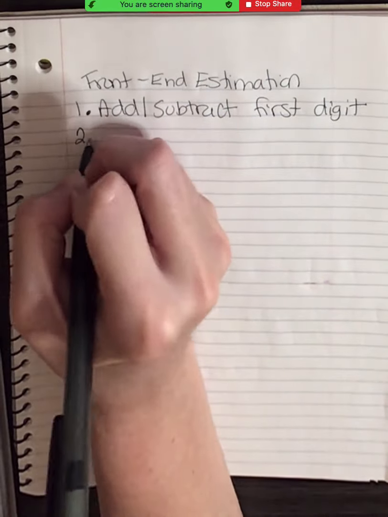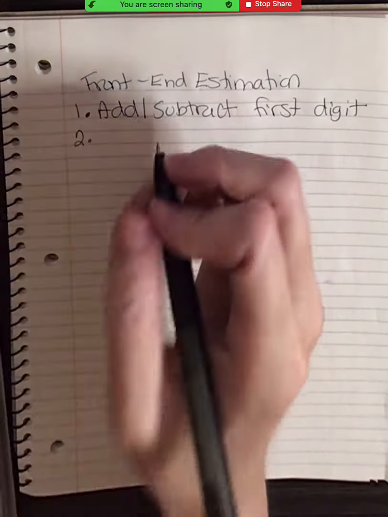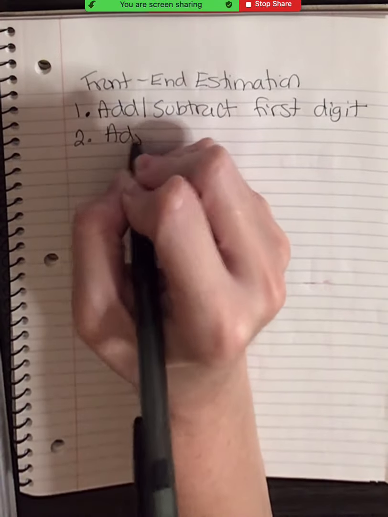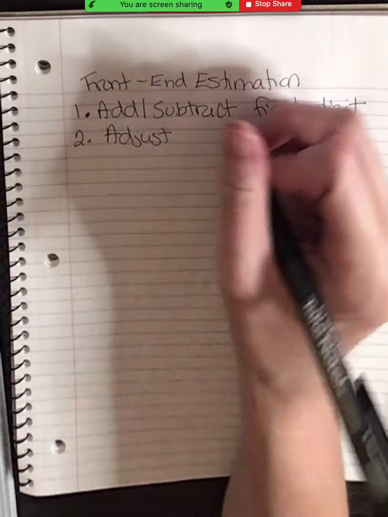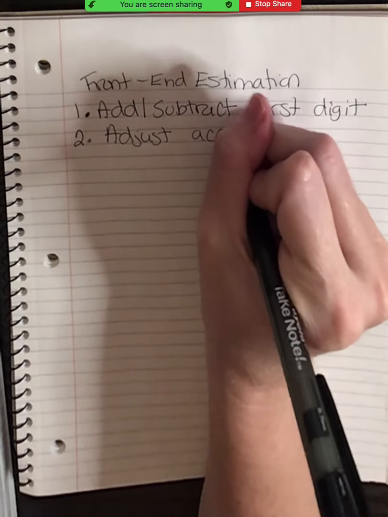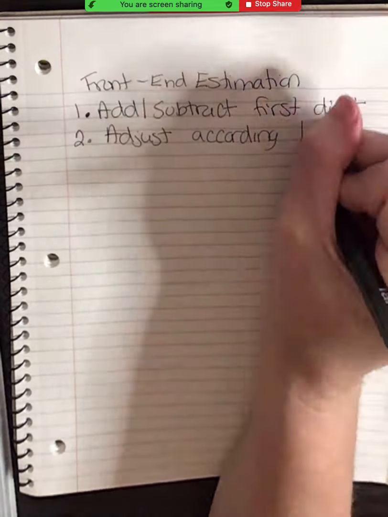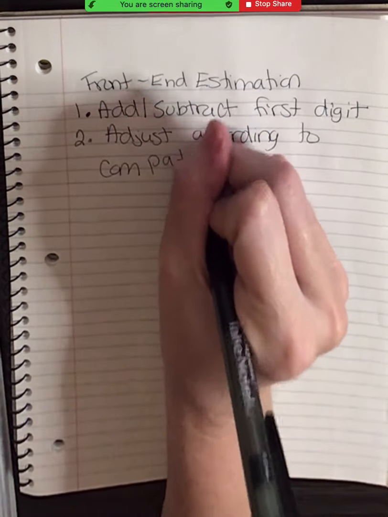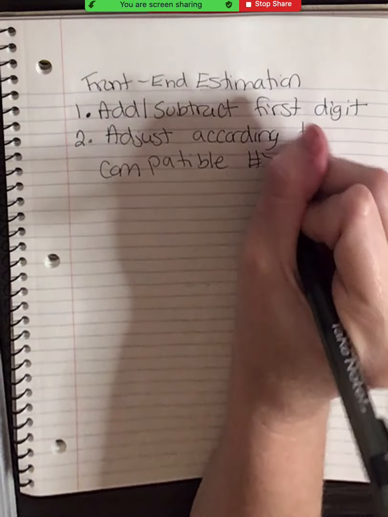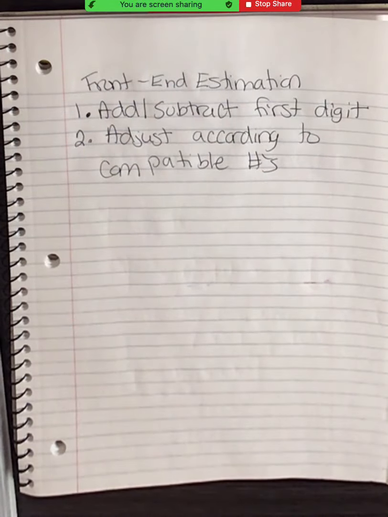That's your initial estimate. Then you're going to adjust it according to the compatible numbers left in the numbers you're adding or subtracting.